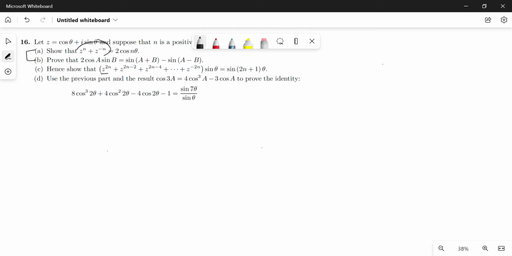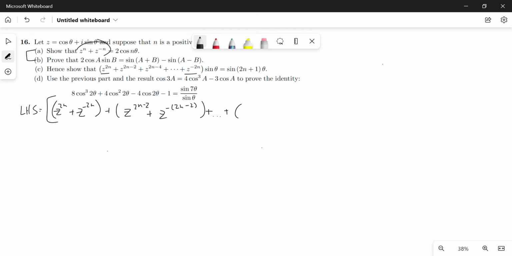And so if we take the first and the last, for example, so that's our left-hand side, isn't it? If I take the z to the 2n and put the z to the minus 2n together, and then I'll go to the second term, so z to the 2n minus 2, and I'll put that with the second last term of that bracket, which is minus the power of 2n minus 2, etc. What will we get?